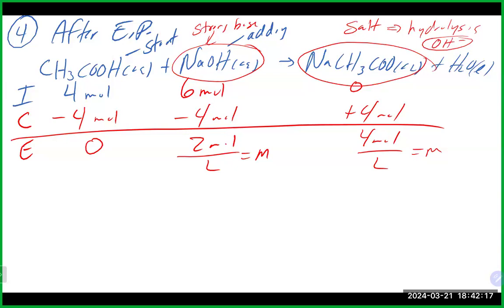Out of the 2, the sodium hydroxide, which is a strong base, or the sodium acetate, which is a conjugate base that will go through hydrolysis, which one is stronger? It is the sodium hydroxide, because all the sodium hydroxide has to do is go for a swim, and it's going to produce hydroxide as soon as it goes into that solution, right?